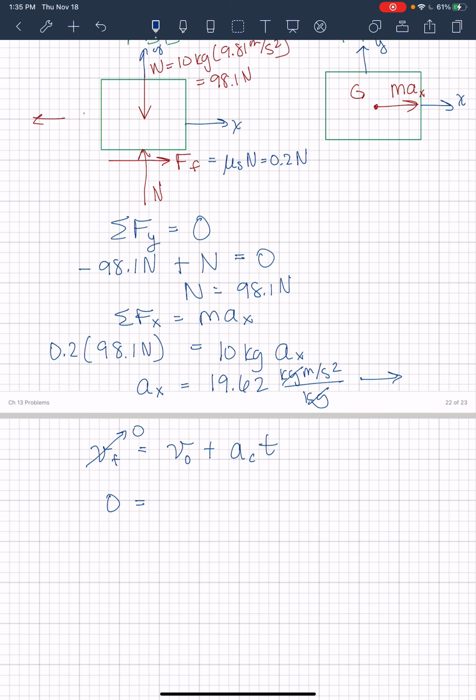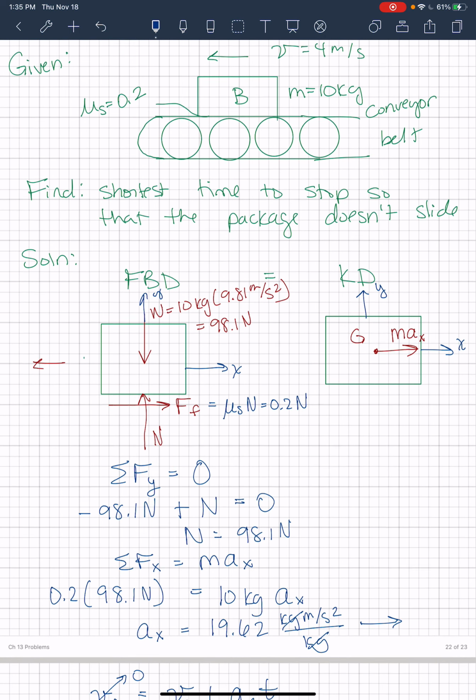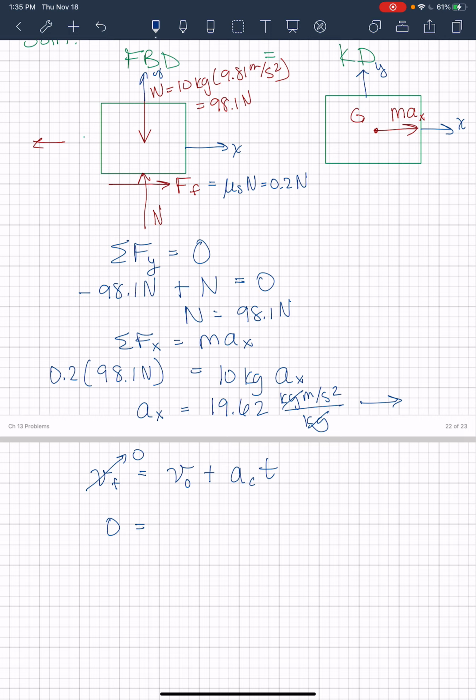So 0 equals, and the initial velocity was 4 meters per second to the left, so negative 4 meters per second, and then the acceleration is to the right, so plus that 19.62 meters per second squared times time. So the time is going to equal basically 4 divided by that.